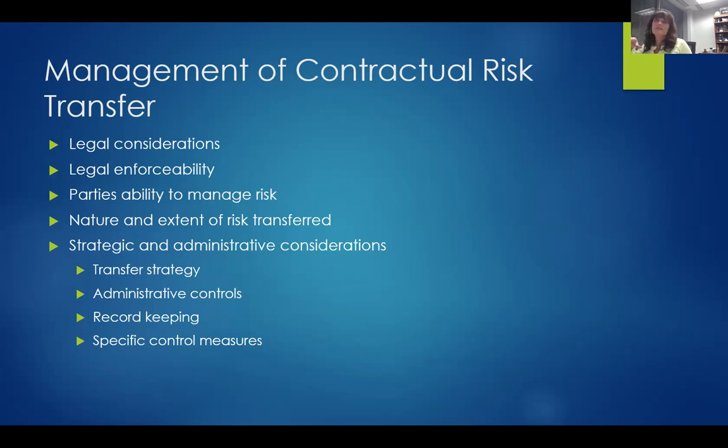You need to make sure you have a consistent transfer strategy. A defensive approach to a risk transfer strategy would be that you want to avoid becoming a transferee, meaning you don't want to be the one that the risk is transferred to. So that might be your defensive strategy. If you're doing an offensive strategy, that would be taking advantage of the other organization by wielding your economic power to transfer risk to them.